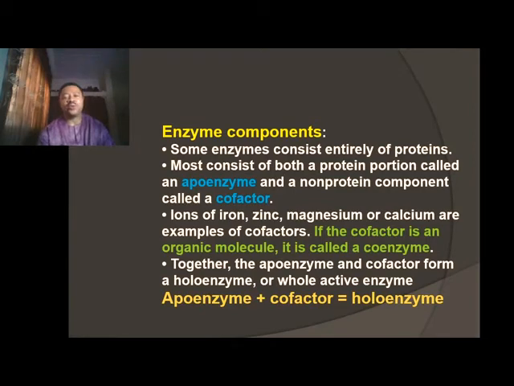By the word holoenzyme, we refer to the entire enzyme. Mathematically, the apoenzyme plus the cofactor, which we can call a coenzyme if it is an organic molecule, is equal to the holoenzyme, or the complete enzyme.